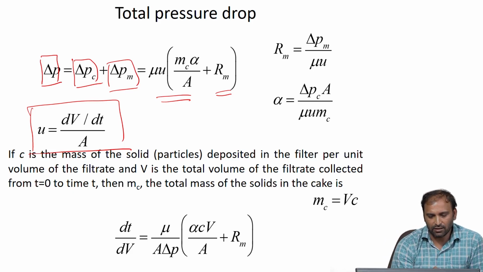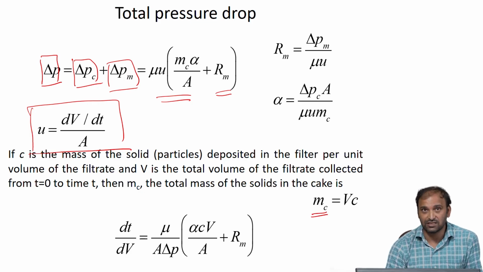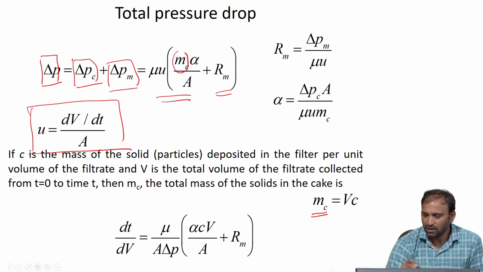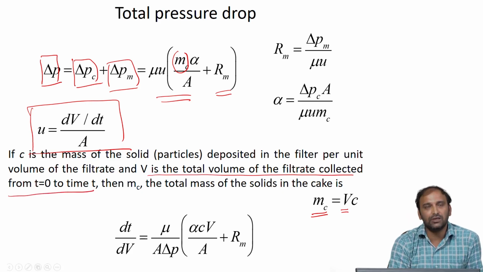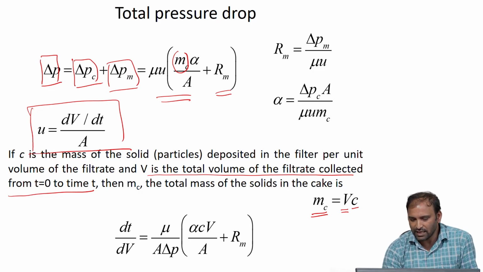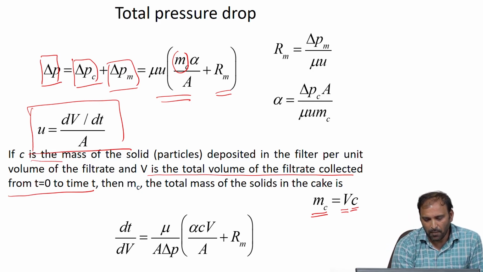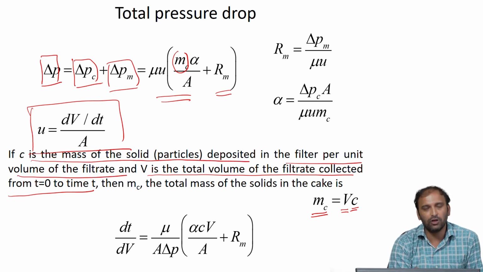You can relate mc, the mass of the cake that is deposited, in terms of V, the total volume of the filtrate collected from time t equals 0 to time t, and C, which is the mass of the solid particles deposited in the filter per unit volume of the filtrate.